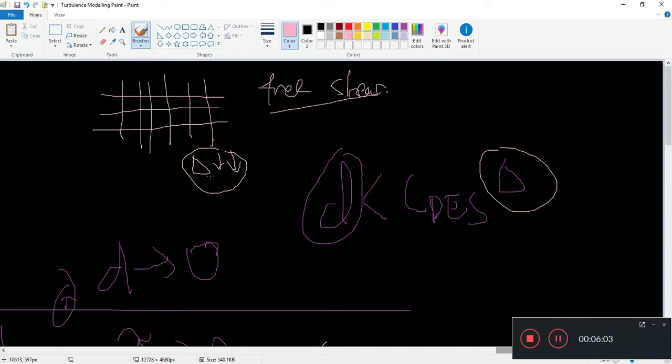Because this delta is based on the volume of the grid, when you make this delta very, very small, you also cause D tilde to reach 0, and that behavior seems as if it's wall behavior. So when you refine the grid too much, you actually get yourself into the wall behavior.